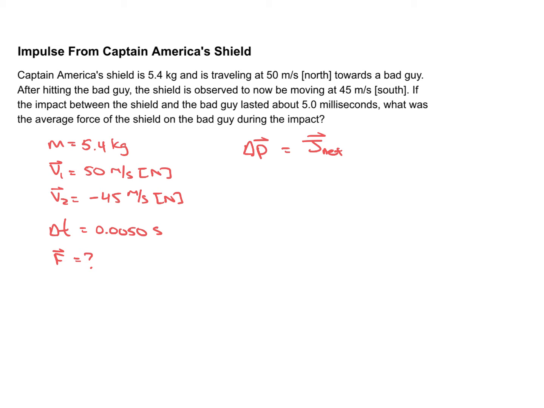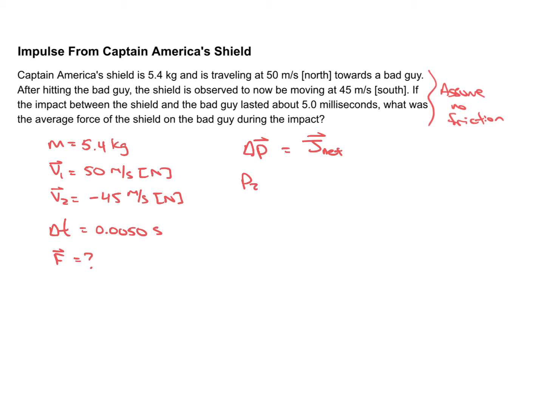I guess we have to pretend there's no friction too. Yeah, that's an assumption we gotta make here. Which might actually be true. If the shield completely knocks the guy off his feet, then his feet are no longer touching the ground and there's no friction.